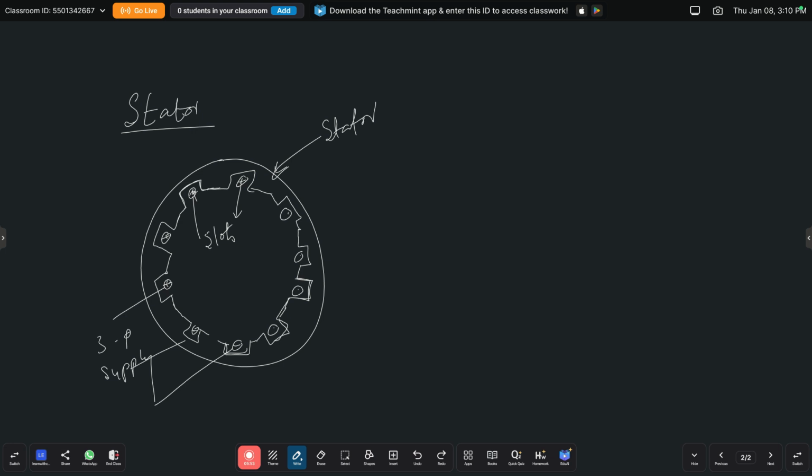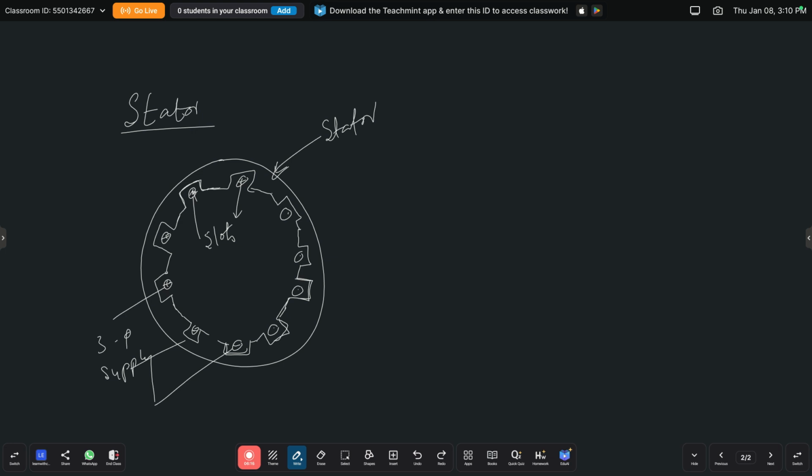Already in the last class we have seen the condition to produce the rotating magnetic field. As per the principle of operation, if you give a three-phase balanced supply to these three-phase windings, which are spaced 120 degrees apart, then a rotating magnetic field will be produced in the stator.